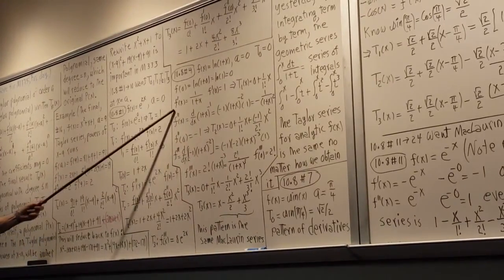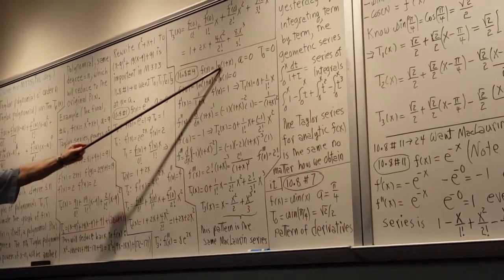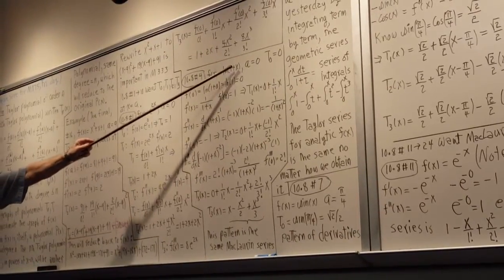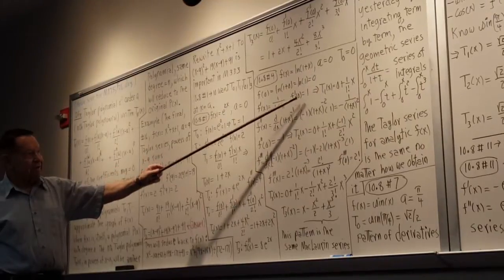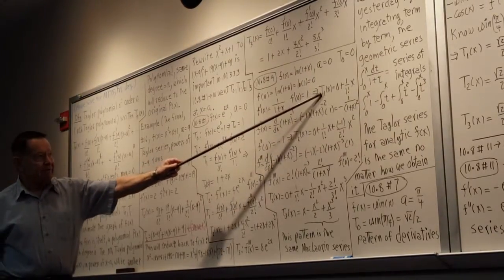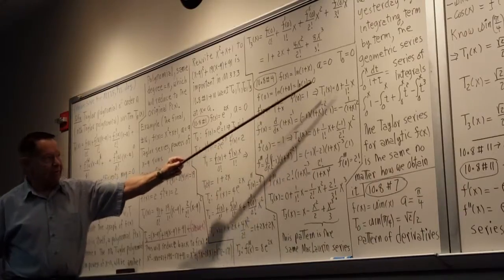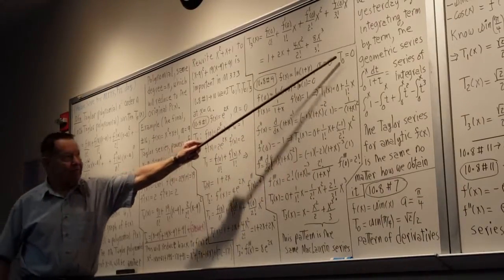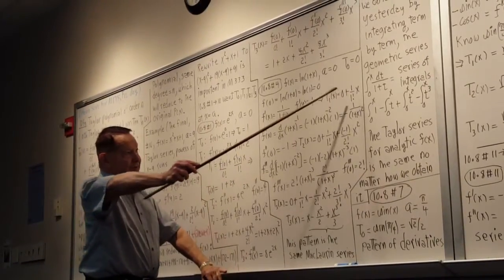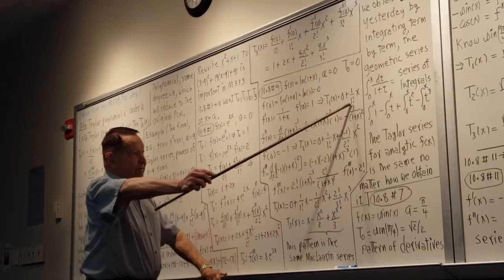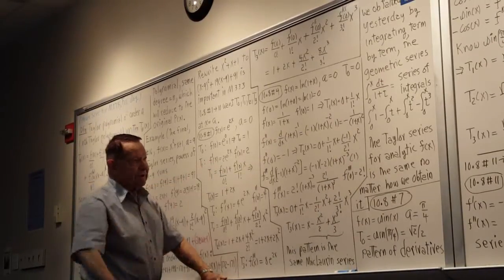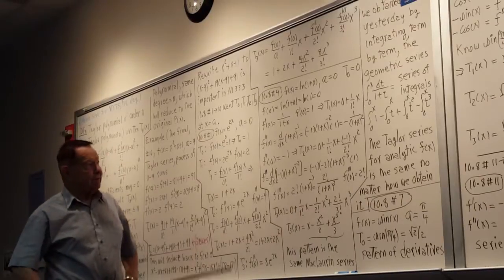So then f prime would be the derivative, which, as you know, is 1 over 1 plus x times the derivative of the x. So f prime of 0 is 1. So your T1 then would be 0, which is your T0, plus your value of your derivative over 1 factorial, and then x. So it would just end up being x.